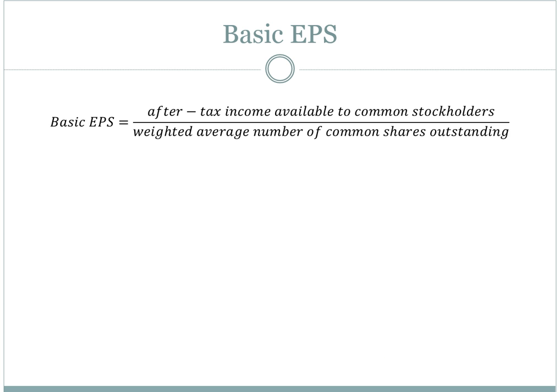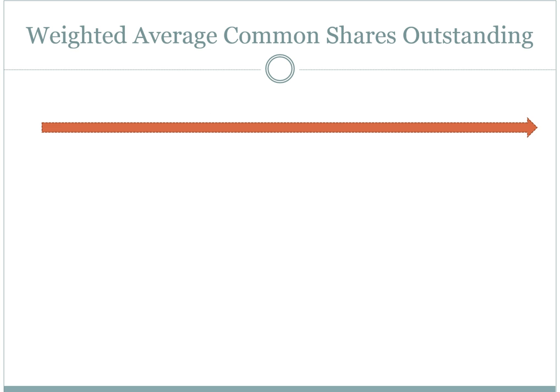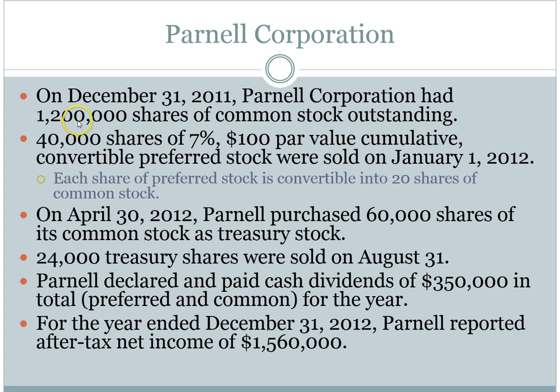And if you remember what we had to do in the data to the problem, let me skip back here to the beginning of the problem, and just give me a second. So what we had to do here was recognize that there was some preferred stock that was issued. Now that doesn't affect the number of common shares outstanding, but remember, preferred stock gets preference with respect to dividends, and dividends were paid this year.